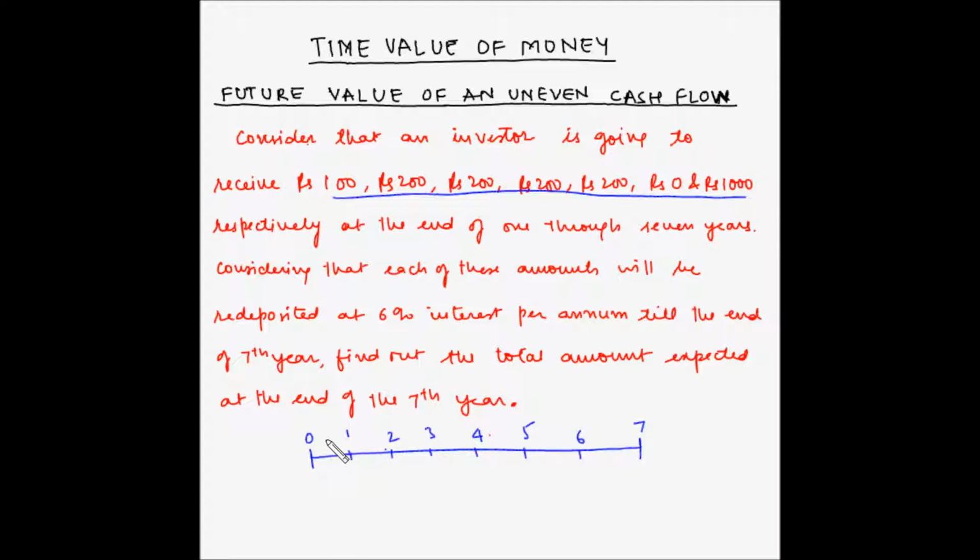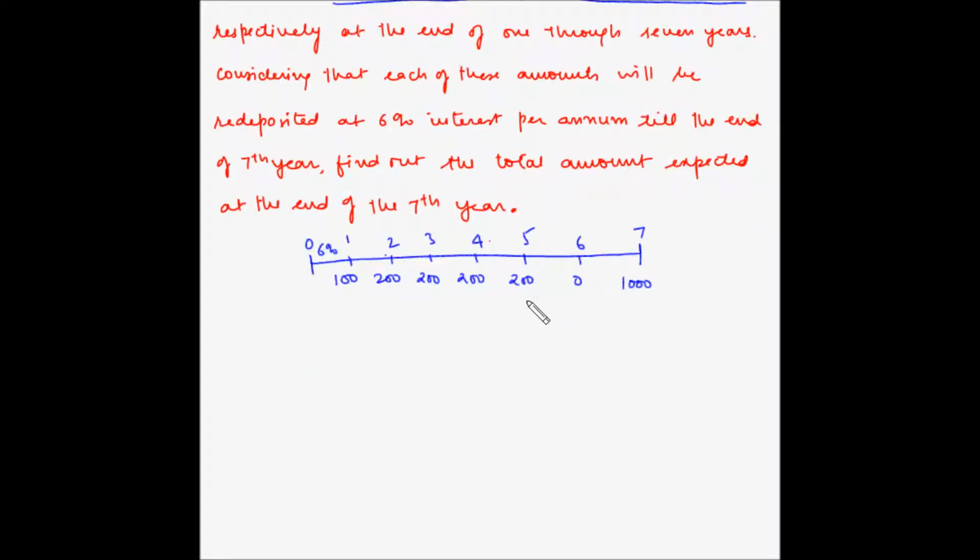The rate of interest is 6%. The amount that we are going to receive is 100, 200, 200, 200, 200, 0 and 1000 rupees. And we want to find out the future value of this cash flow.